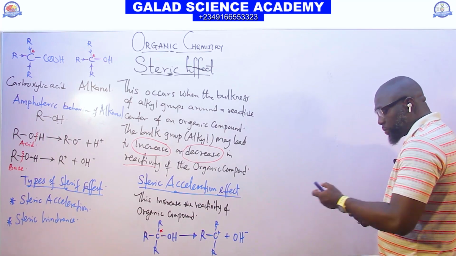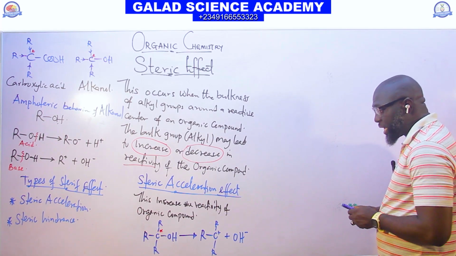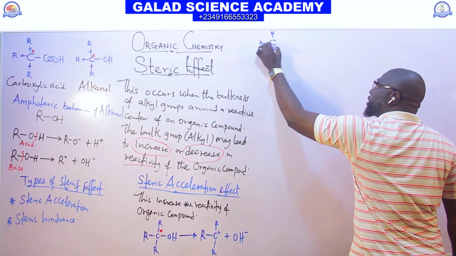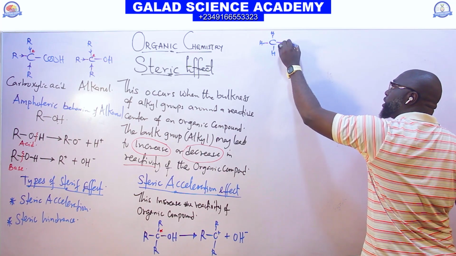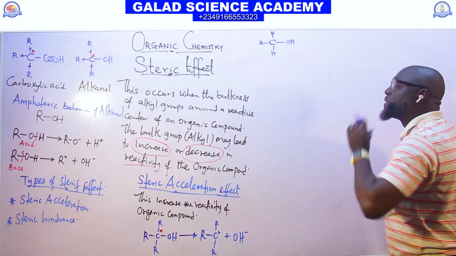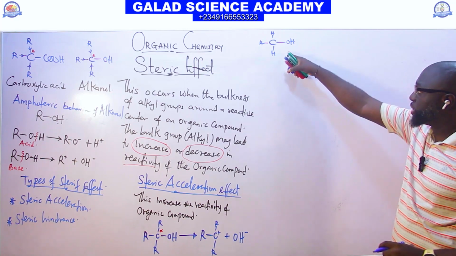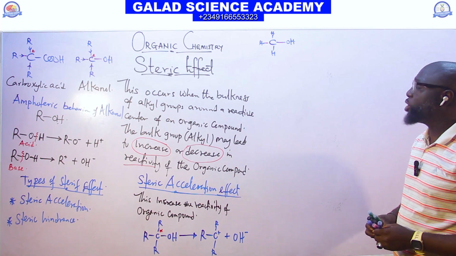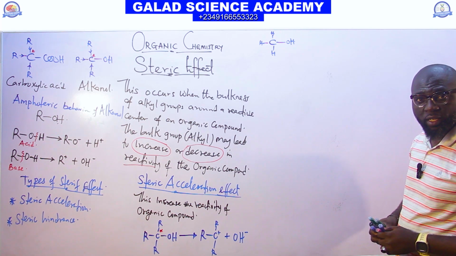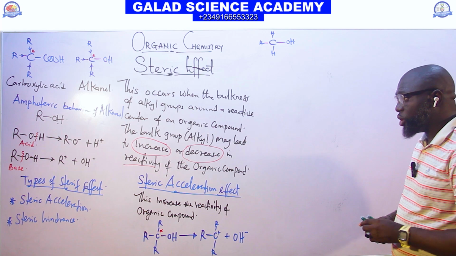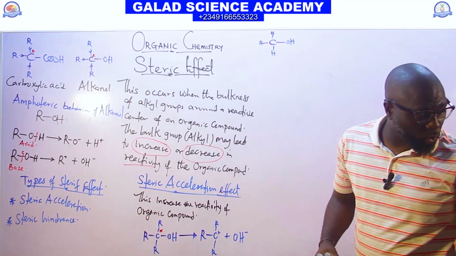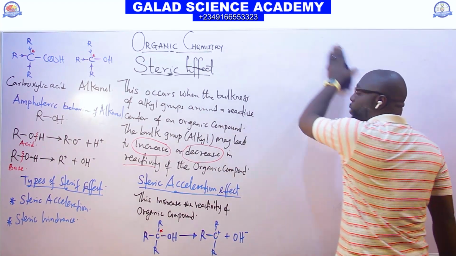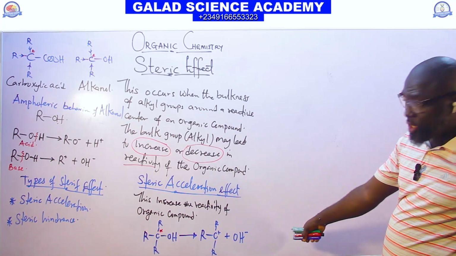Compared to if you have an alkanol of CH3CH2CH2OH? Can you see this one now? Compared to this, this one is an alkanol without an alkyl group.